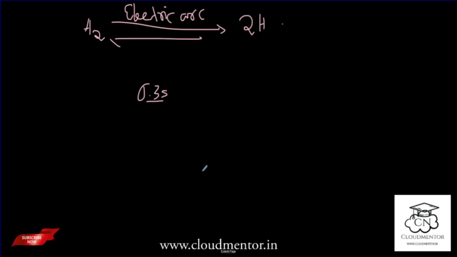And the second reaction is the reaction with metals like lithium, sodium, calcium, etc. at room temperature to form hydrides, and it combines with metals like silver and mercury at even very low temperature to form their hydrides.